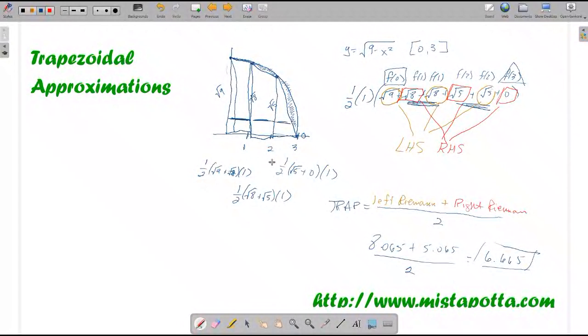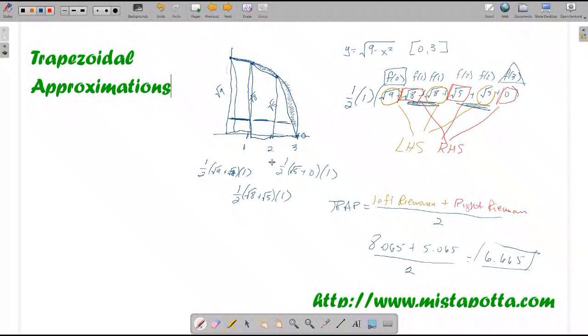And indeed, the trapezoidal approximations will always be better than the left-hand sum or the right-hand Riemann sum because it incorporates the differences in both. In other words, the errors in one are compensated in the other.